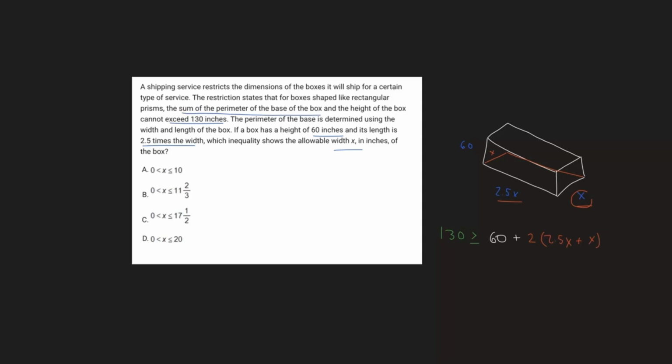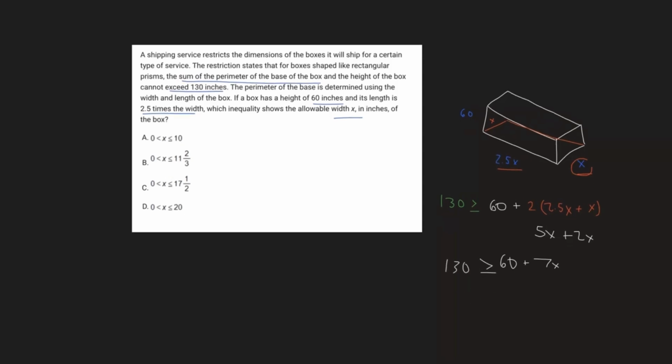So 2 times 2.5x will just give us 5x. And then 2 times x is going to be 2x. And so we get 7x over here. So in our equation, we're going to have 60 plus 7x, and that is going to be less than or equal to 130.